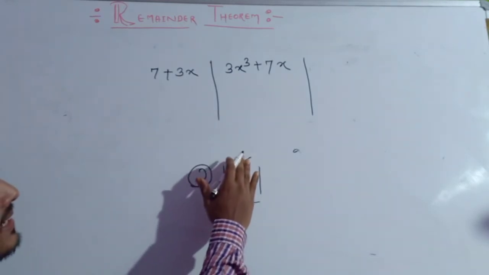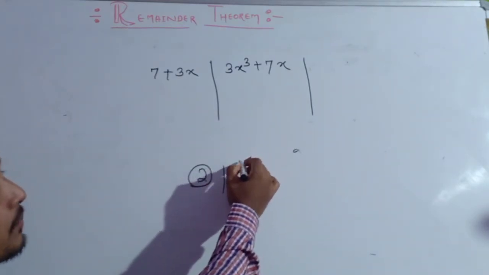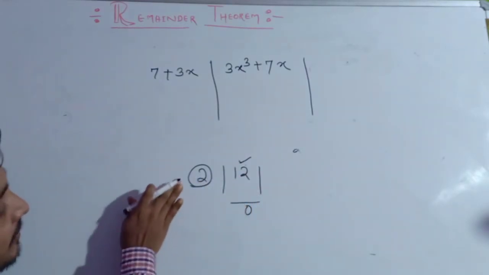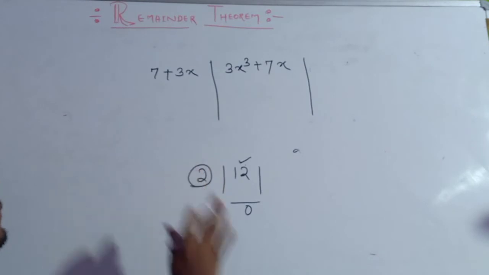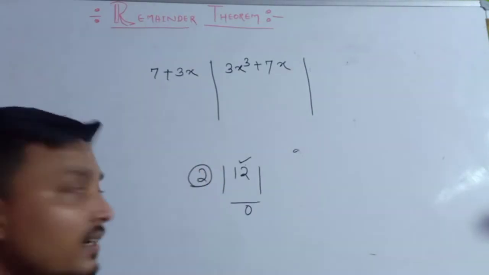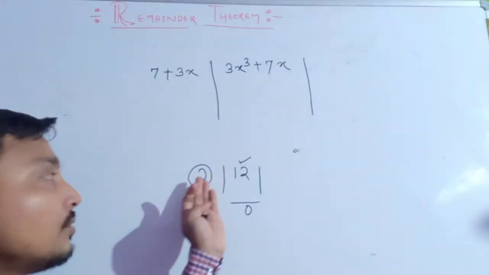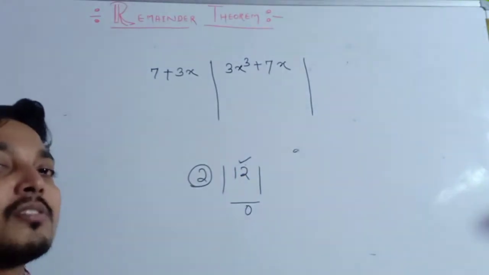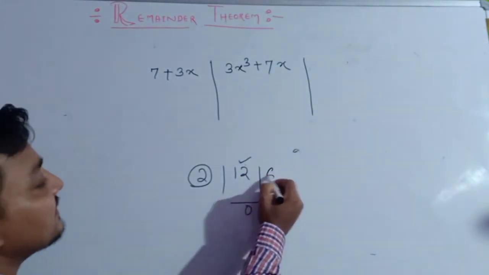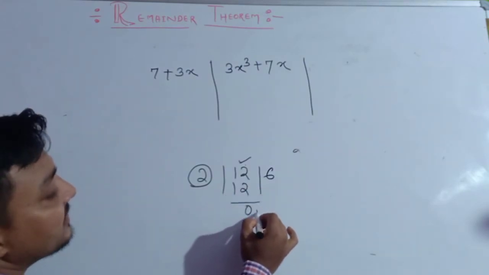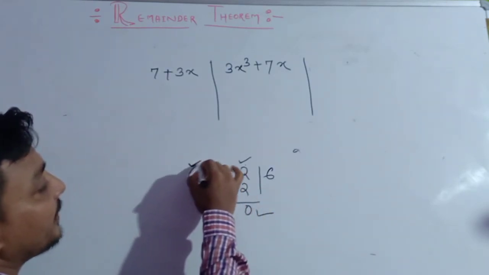Whenever anyone says check whether this is a multiple, we do the same; whenever anyone says check whether this is a factor, we also do the same. Understood? So 2 sixes are 12, the remainder is 0, so we can call 2 a factor.